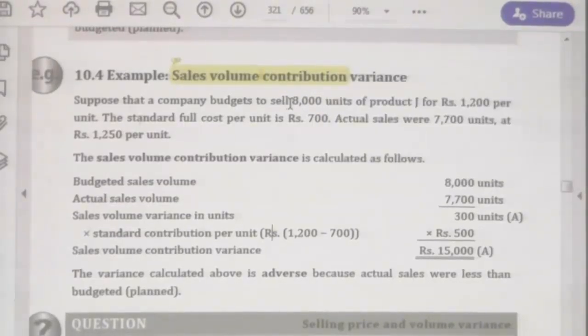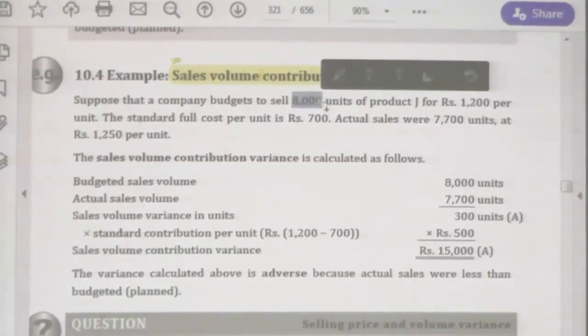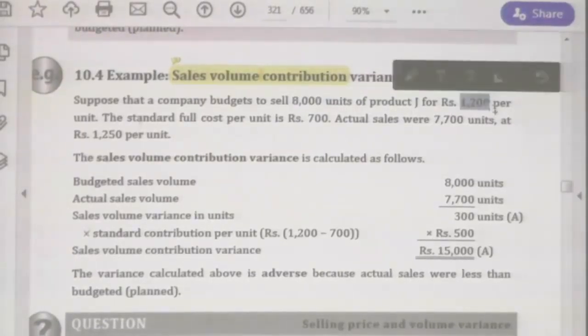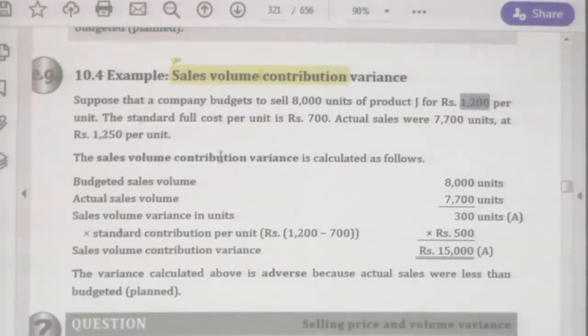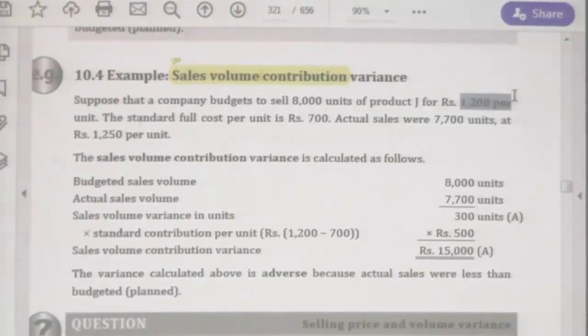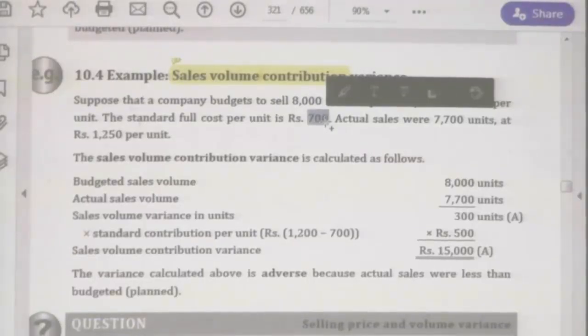The budgeted, expected quantity is 8,000 units of product J. The expected price is 1,200 per unit. The full standard cost per unit is 700. Why are the expected selling price and standard cost per unit given? The reason is to find the contribution per unit.